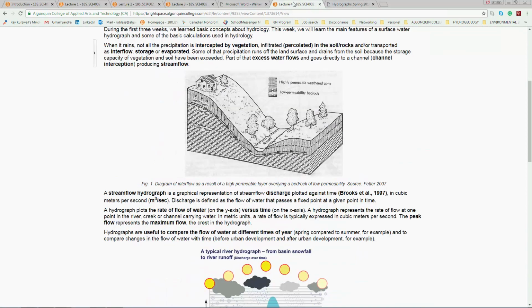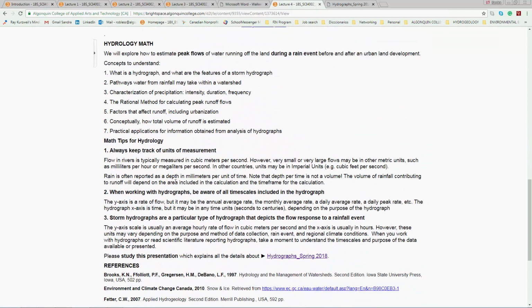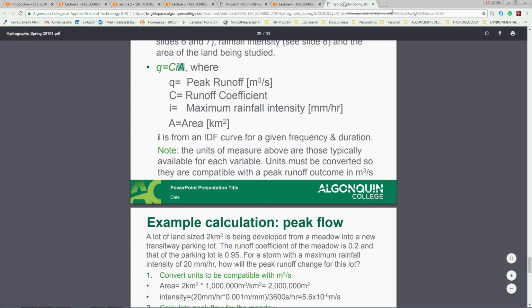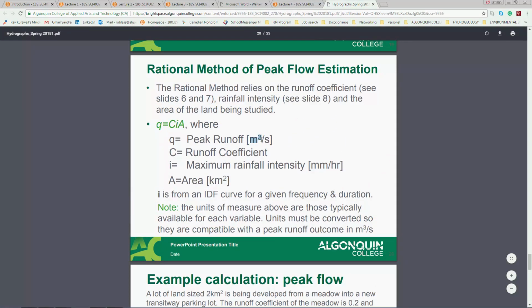As I mentioned in the tips, please always keep track of units. This is very important. I mentioned here different units because this is what we usually see in the reports. So when we see a report, we see the peak runoff in cubic meters per second.